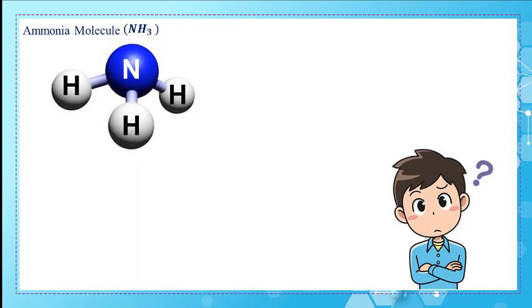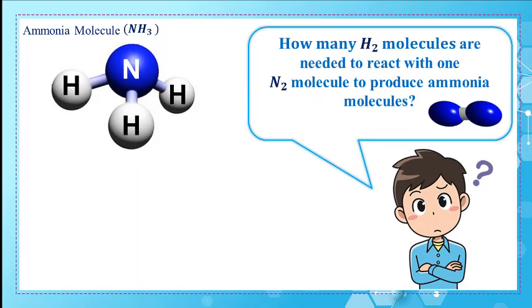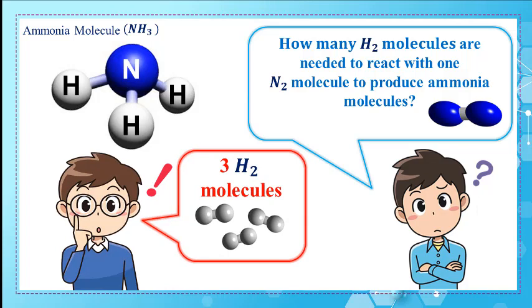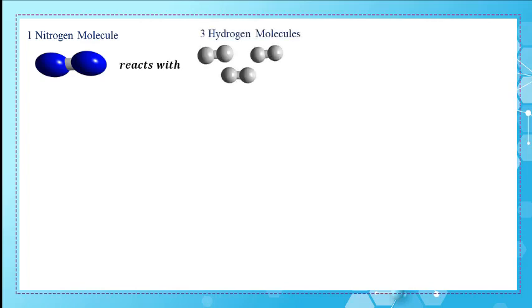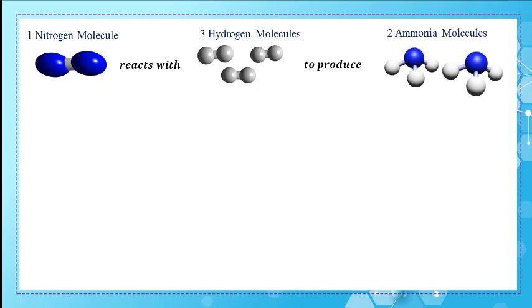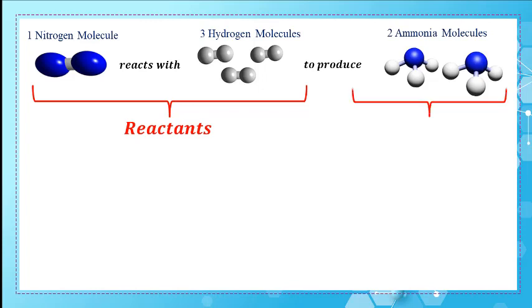Sure, no. How many H2 molecules are needed to react with one N2 molecule to produce ammonia molecules? 3 H2 molecules. One nitrogen molecule reacts with 3 hydrogen molecules to produce 2 ammonia molecules. These are the reactants, and the 2 ammonia molecules are the products.